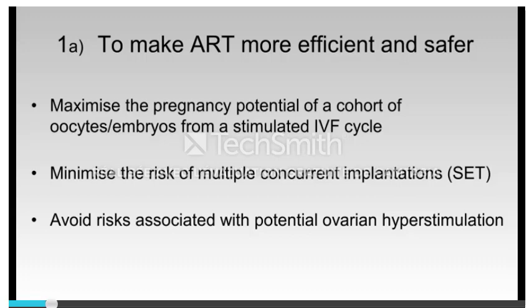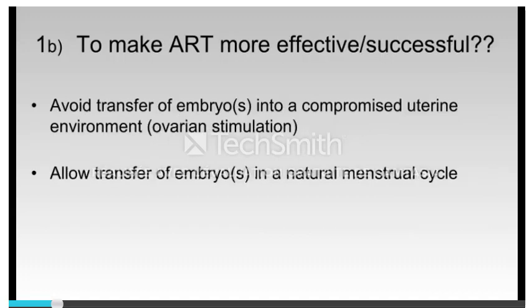And of course, that has helped us to drive the field, at least in many parts of the world now, very much towards accepting single embryo transfer, and we'll hear more about that in the next talk, as being the norm, or at least the aspirational norm in ART around the world. And in some situations it allows us to avoid clinical risks associated with ovarian hyperstimulation by holding off transferring any embryos.